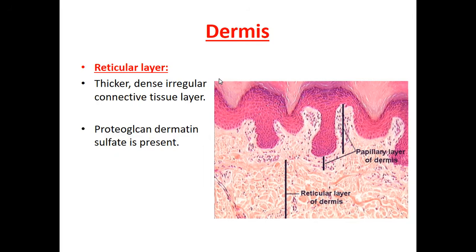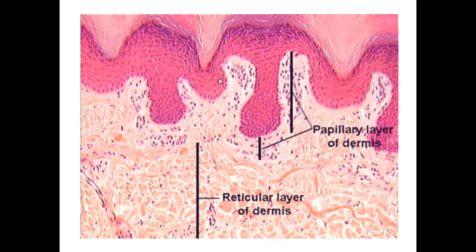The reticular layer is a thicker, dense, irregular connective tissue layer. The proteoglycan dermatan sulfate is present in this layer. In this diagram we can see the papillary and reticular layers differentiated from each other with the help of different dyes.